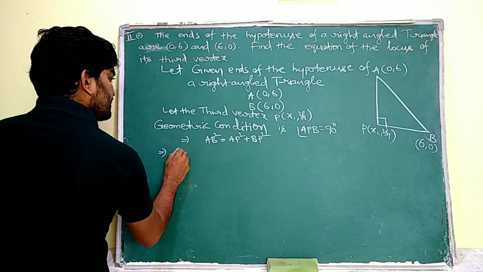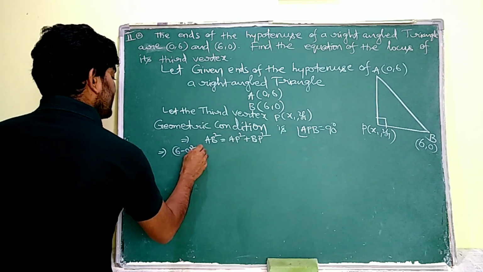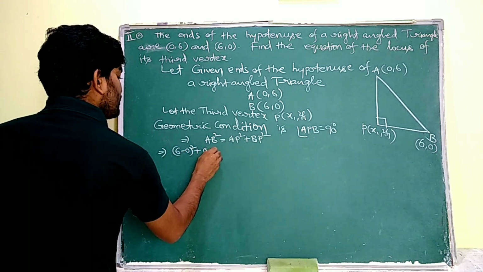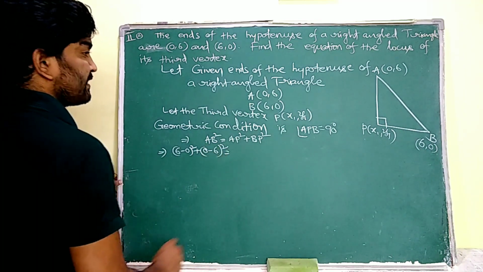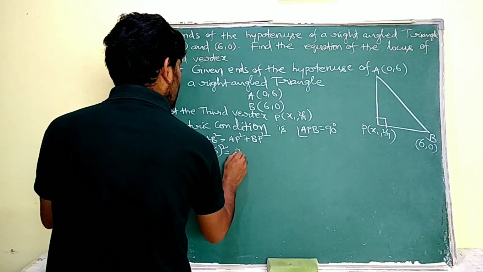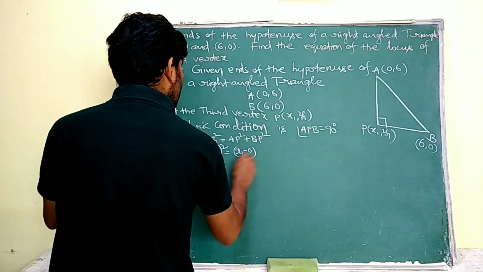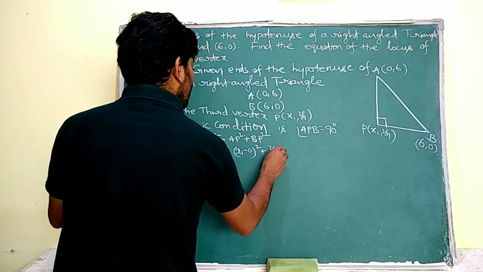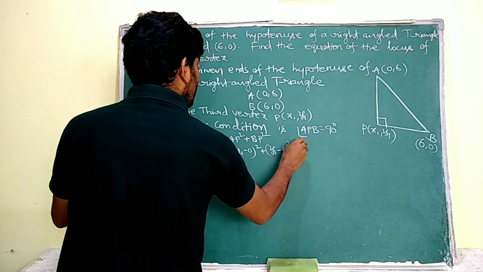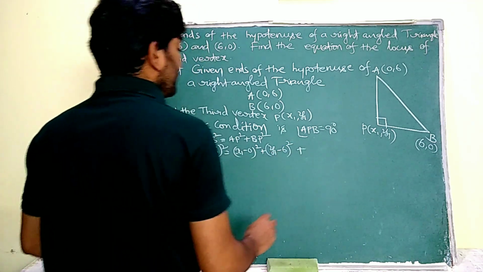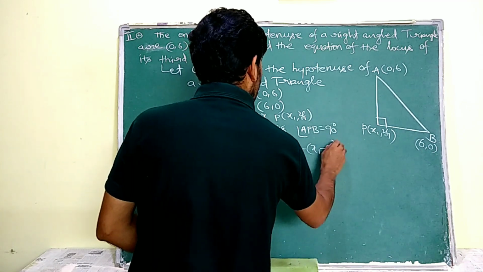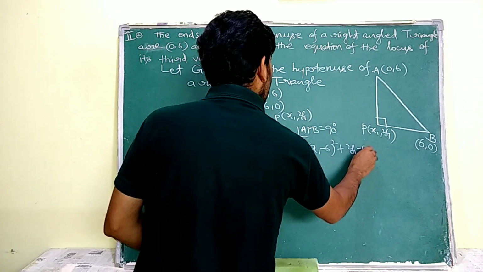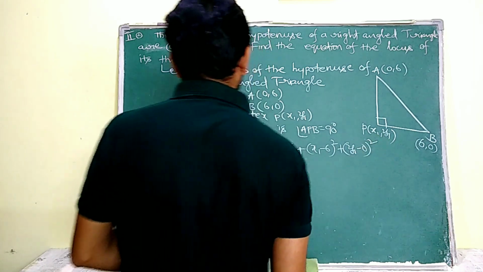AB square means (6 minus 0) whole square plus (0 minus 6) whole square. AP square means (x1 minus 0) whole square plus (y1 minus 6) whole square, and BP square means (x1 minus 6) whole square plus (y1 minus 0) whole square.